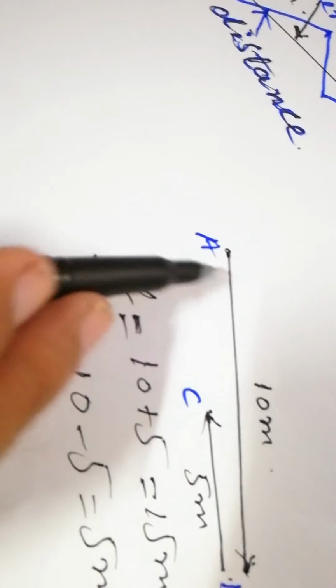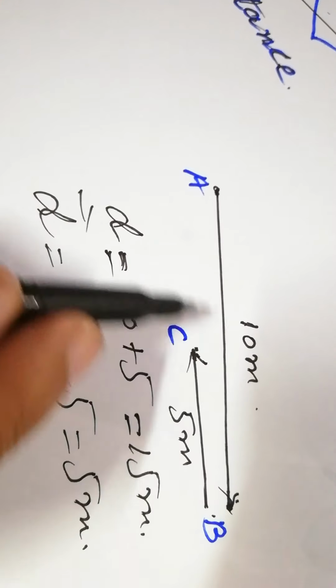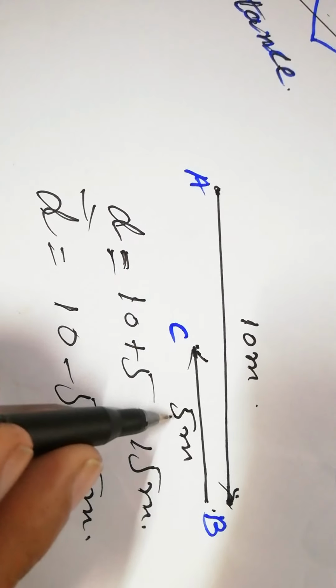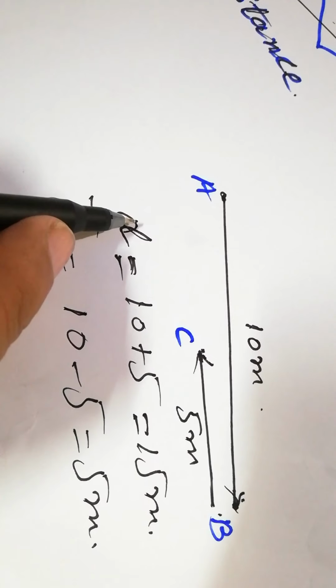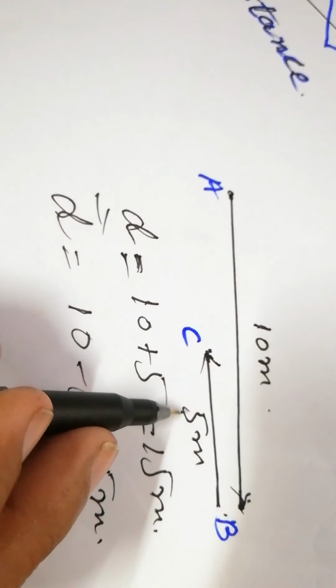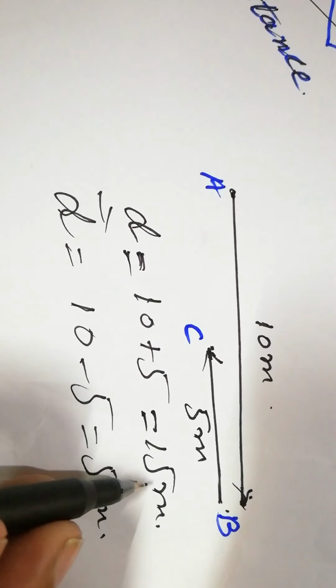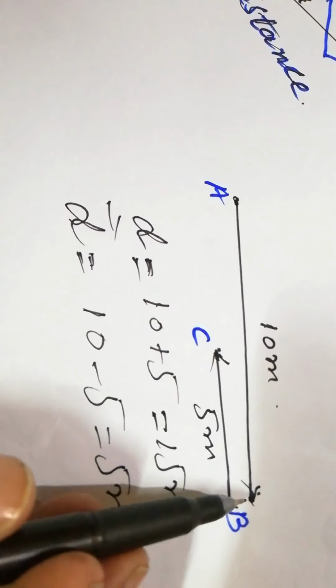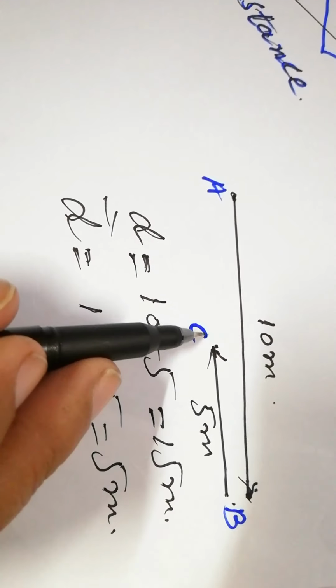Look at it again. Let's suppose the body moves from A to B, covers a distance of 10 meters, and then moves from B to C. The distance is 5 meters. The total distance, because it is a scalar quantity, you just add them, 10 plus 5, and get 15 meters. In case of displacement, it's a vector quantity, 10 meters on this side and 5 meters in the reverse direction.